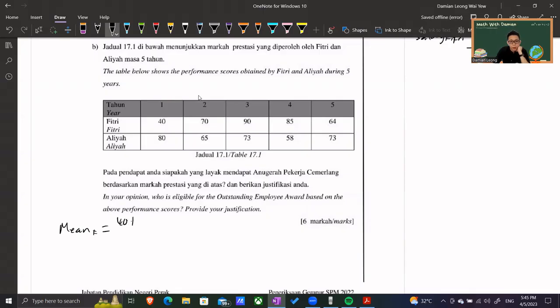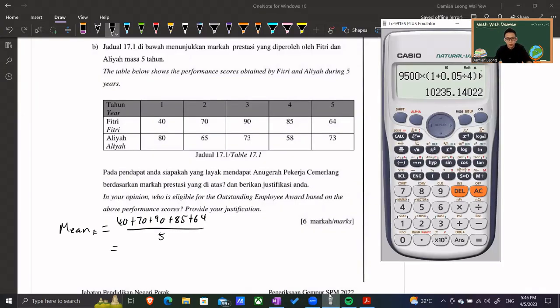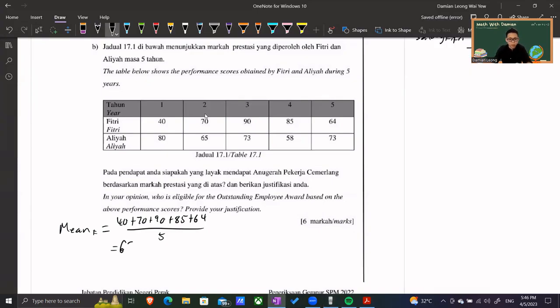So add together 40 plus 70 plus 90 plus 85 plus 64 divided by 5. 69.8.